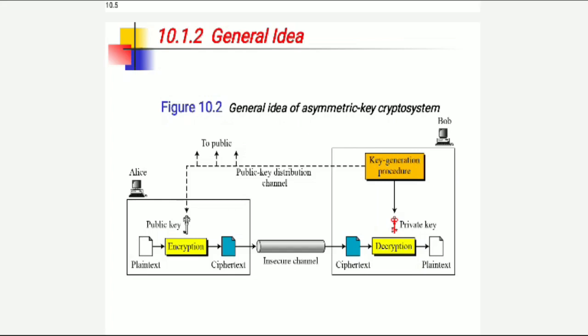Alice receives the public key from the public key distribution channel, encrypts the message and sends it through the insecure channel to Bob. And when Bob receives this message, he uses a key generation procedure, or we can say key generation algorithm, and generates his private key.